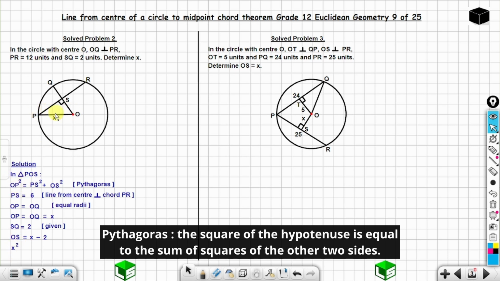This is your hypotenuse. The hypotenuse squared is equal to the sum of squares of the other two sides. PS squared, where PS is equal to 6, plus OS squared. OS is equal to X minus 2, squared.